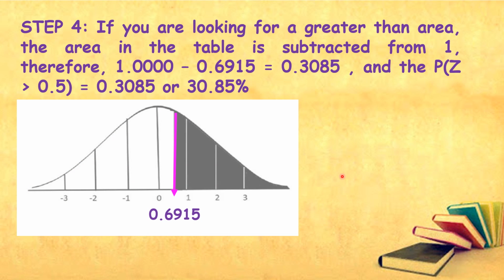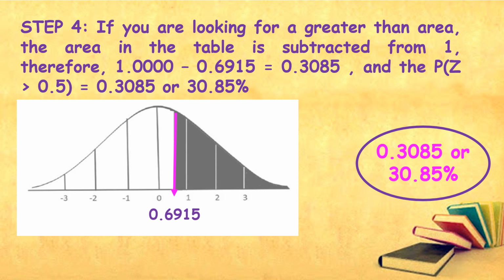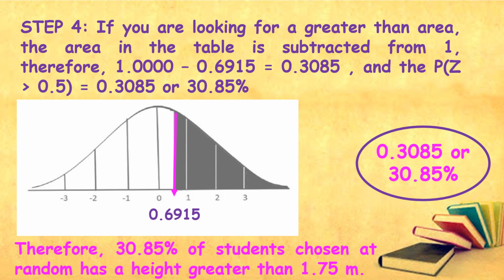So, itong shaded area na to is equal to 0.3085 or 30.85%, which means that 30.85% of students chosen at random have a height greater than 1.75 meters.